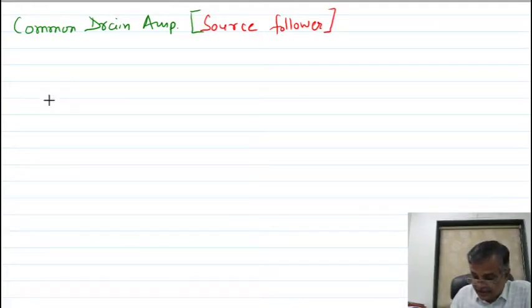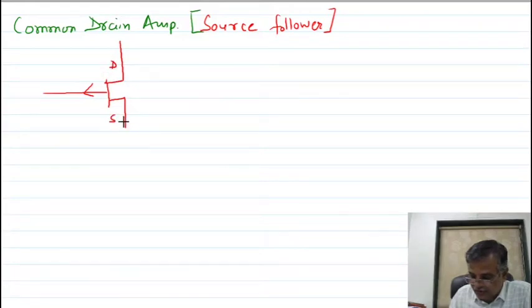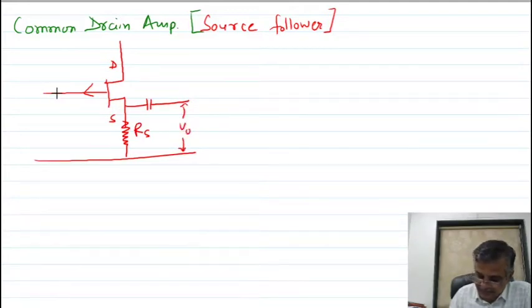The circuit diagram of a common drain amplifier is shown in the figure. Here I have used a P channel. This is your drain, this is the source, and this is the resistor RS. This is your coupling capacitor. This is your output voltage. This is RG. These are input coupling capacitors.